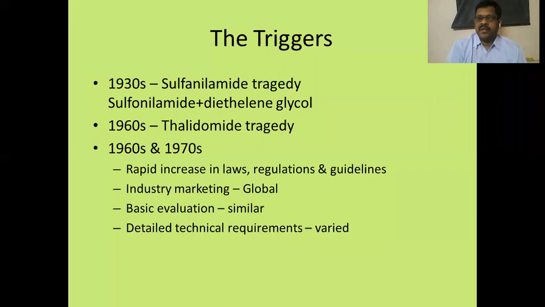Not one country marketing only in that country; they started thinking about the global market. So naturally, standards were also expected. Basic evaluation should be similar in all countries. Then only can we believe one nation's product in another nation.